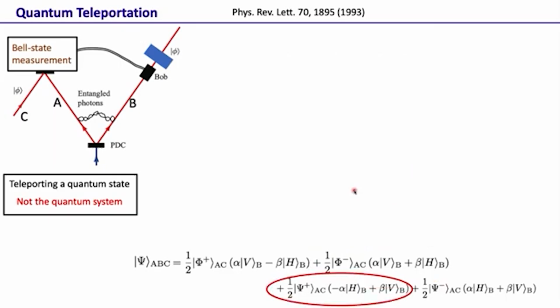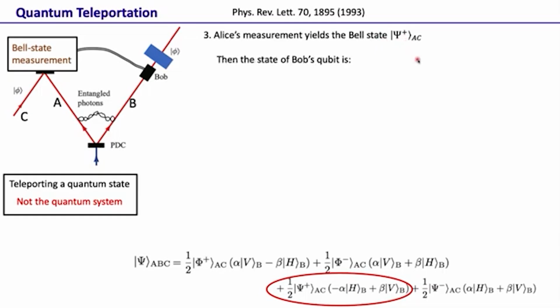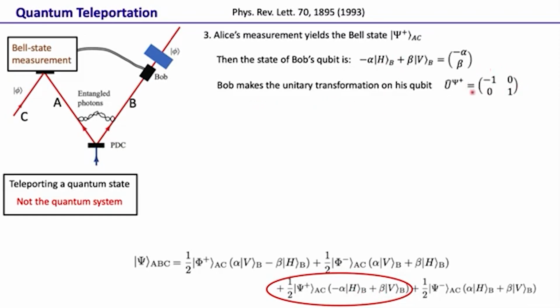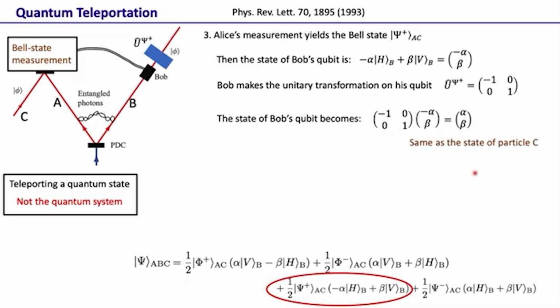Third, if Alice now finds that her measurement yields Bell state psi plus, then in that case the state of Bob's qubit is minus alpha h plus beta v. So in this case, Bob will make this particular unitary transformation 0, 0, minus 1, 1, and then we can see that the state of Bob's qubit becomes alpha beta, same as the state of particle C, and thus teleportation successful.